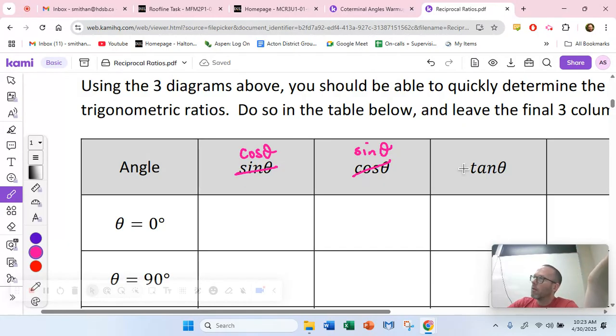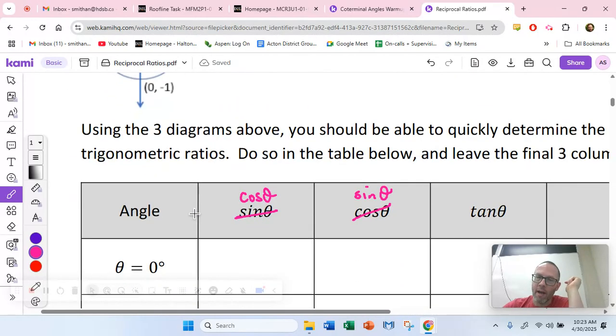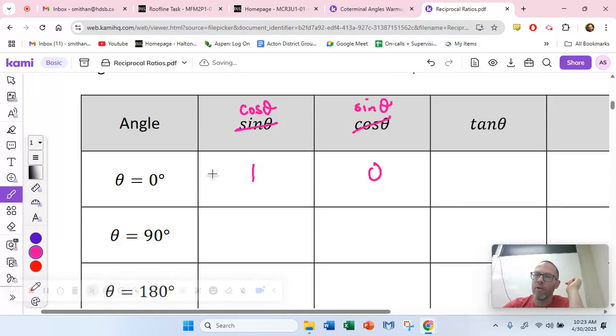For example, the angle that corresponds to 0 degrees on the unit circle is the point 1, 0. So the cosine is 1, the sine is 0. And the tan, which is the y value, sine, over the x value, cosine, is 0. I think that'll make it easier to line up.